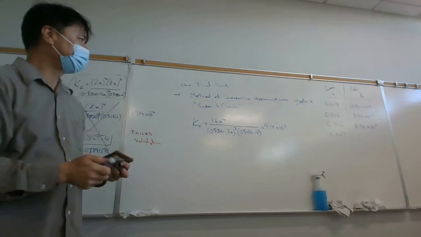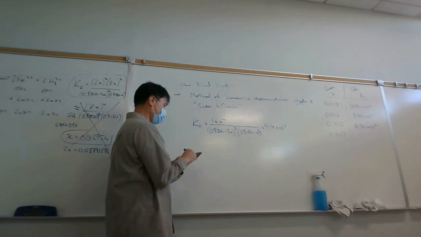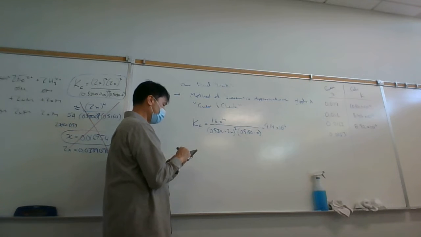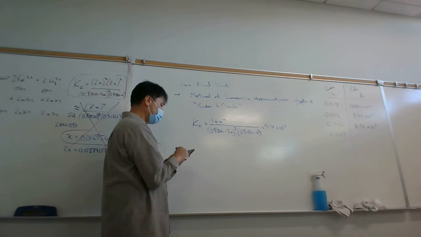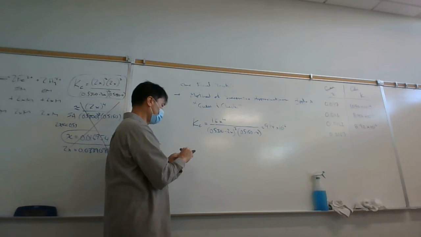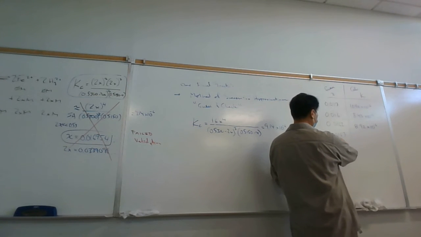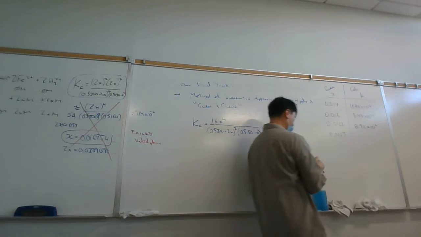All right. So I'm going to go 0.0163, 0.0163 squared times 16 equals, divided by parentheses 0.53 minus, okay, what's this going to be? 0.0326.